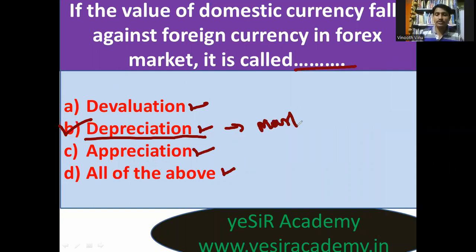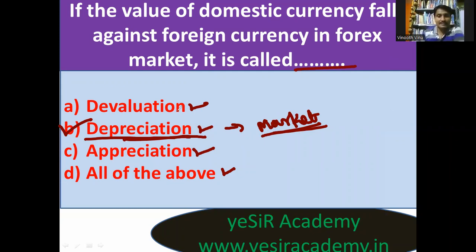I mean, due to the forces of the market, demand and supply forces. Very importantly, if the falling of domestic currency against foreign currency happens due to market forces of demand and supply, then it is called depreciation.